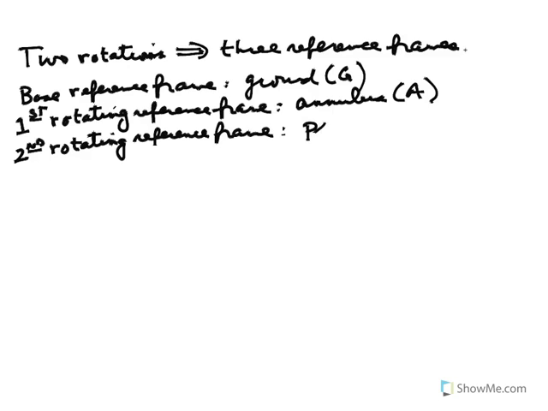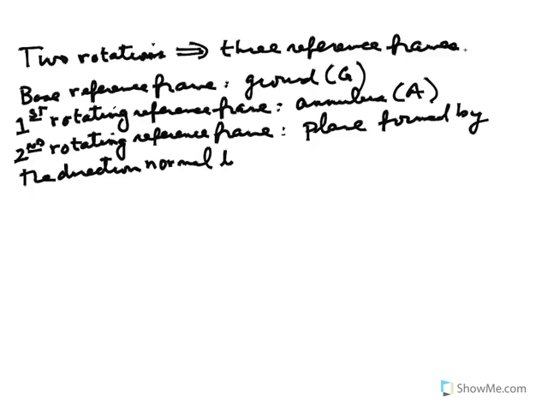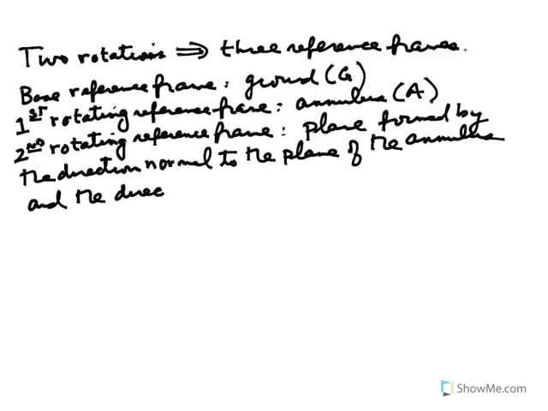the plane. Now we're going to be a little careful here. It's going to be the plane formed by the direction normal to the plane of the annulus and the direction OP.